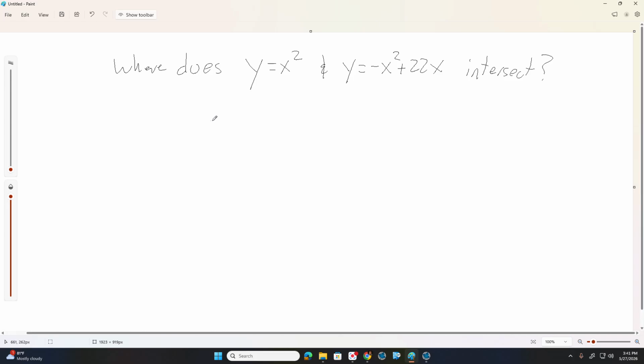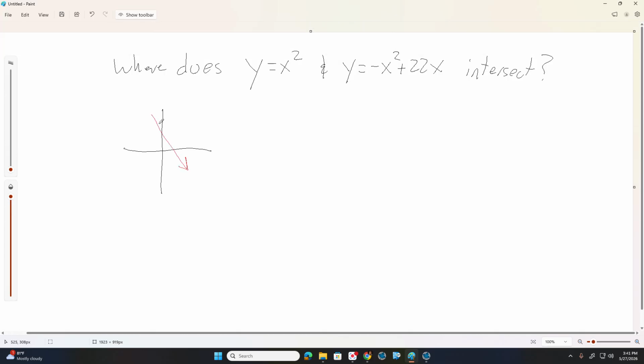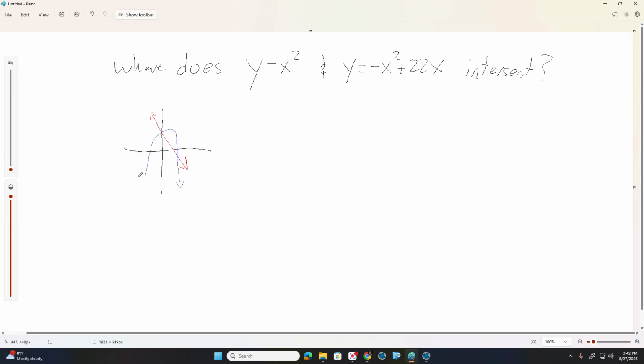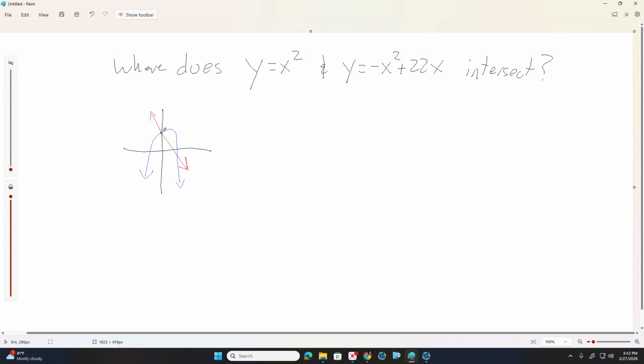So what does it mean to intersect? Well, graphically, what it means to intersect is if we have 2 different curves, you and I will hopefully all agree that anywhere those curves overlap is where they intersect.